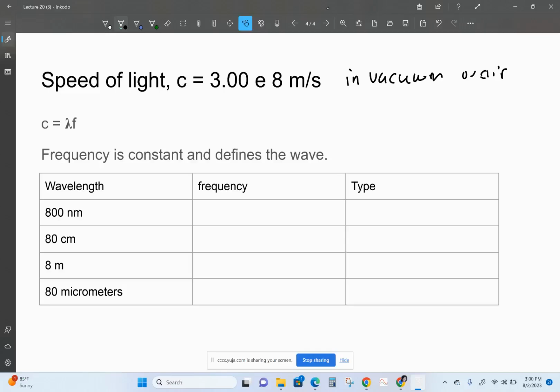And remember that speed is equal to lambda f, and if the symbol for our speed is c, then c equals lambda f. So if I know the wavelength in meters, and I know the speed in meters per second, then I can figure out the frequency. The frequency is going to be the speed of light divided by the wavelength in meters.